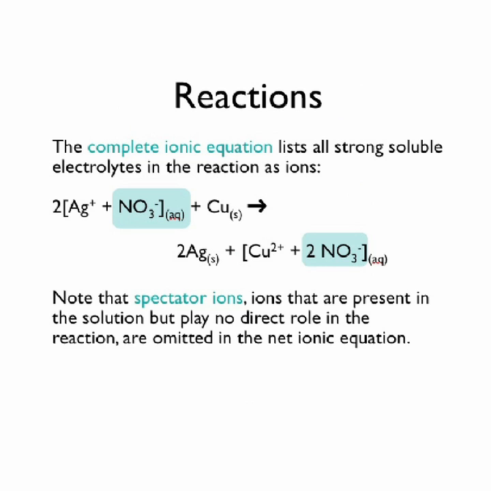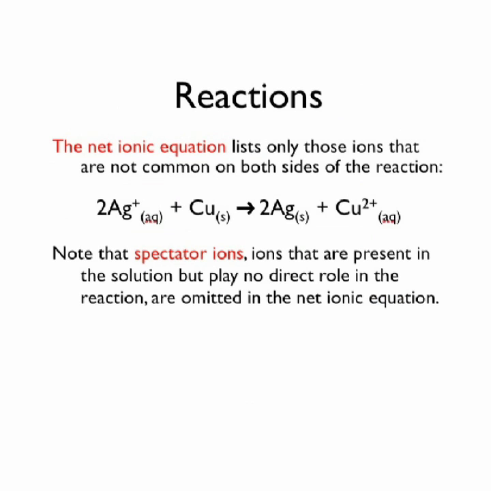We note on this equation that we have nitrate ions on both sides of our reaction arrow. In this case, the nitrate ion is known as a spectator ion. When we go from our total ionic equation to the net ionic equation, we remove these spectator ions from the equation.